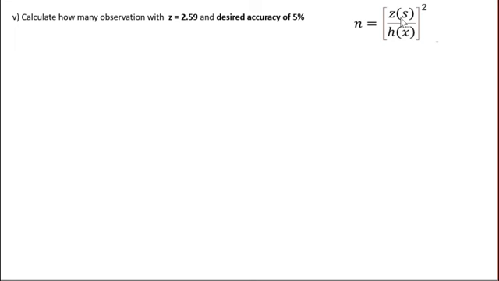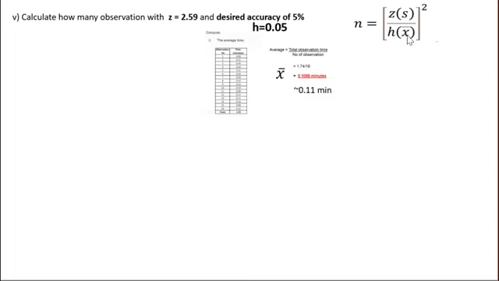They don't give us any S, the standard deviation, so we need to find it. H is from the desired accuracy, 5% is 0.05, and X bar is the observed average time, which is 0.1088. To make it easier to calculate, we round up to 0.11 minute.